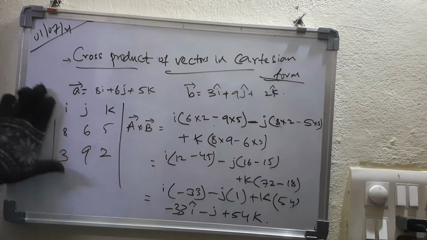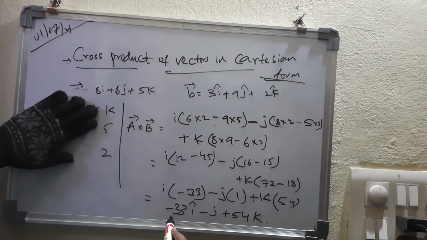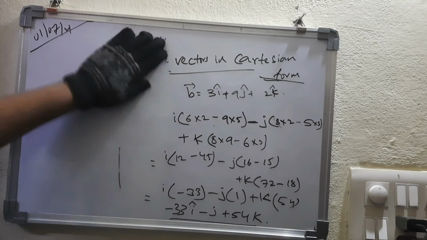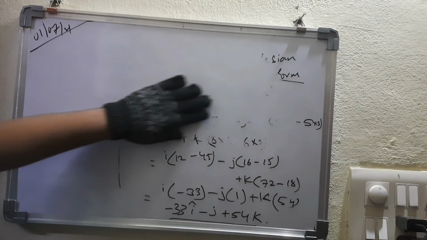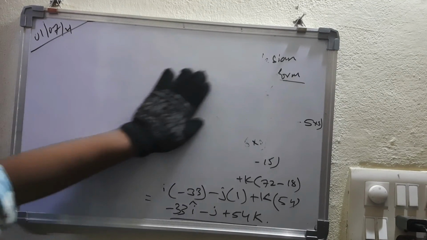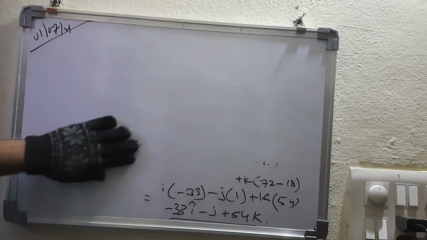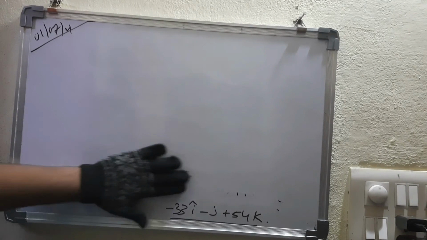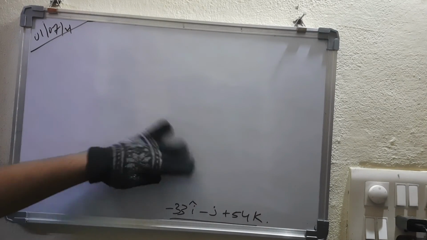Noted. Now finding the magnitude of this one. Not only this, even in the dot product of vectors in Cartesian form, we get an answer like this in i, j and k. Now how should you find the magnitude of these three terms? Same for cross product and dot product, same formula.